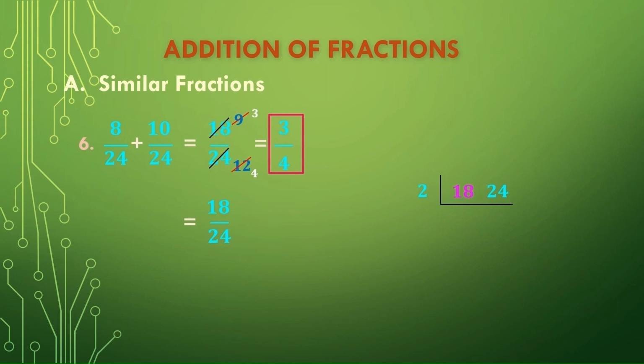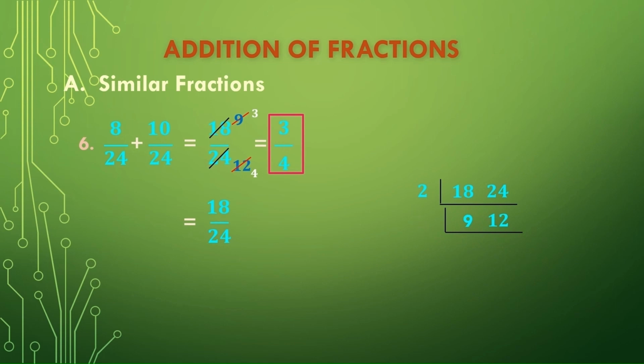18 divided by 2 is equal to 9. 24 divided by 2 is equal to 12. Let's draw the next division ladder. Again, let's think of a number that can divide both 9 and 12. 9 is not an even number, so we cannot divide 9 by 2.